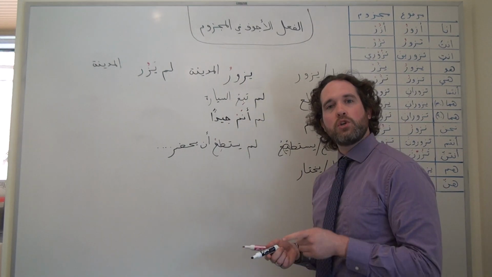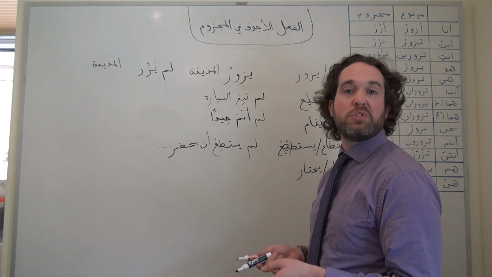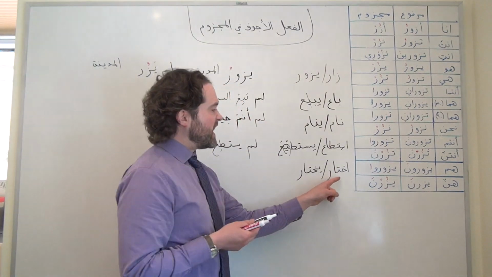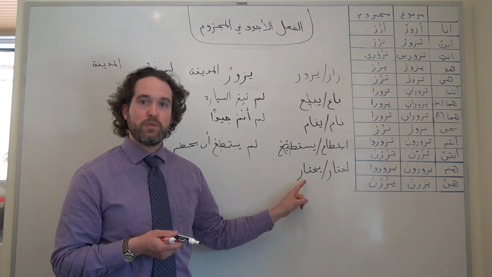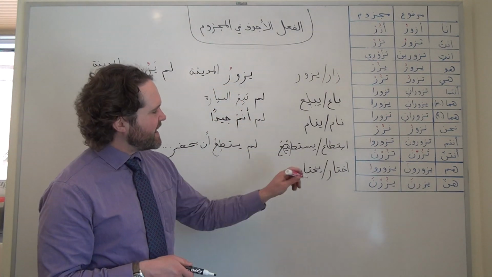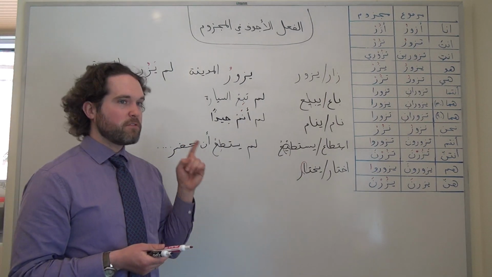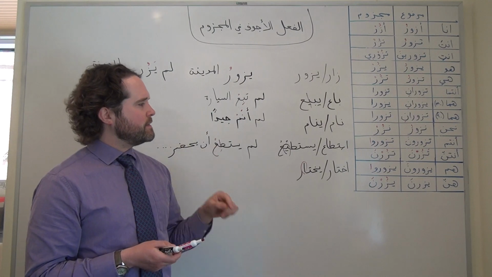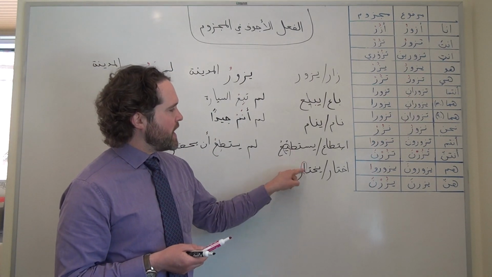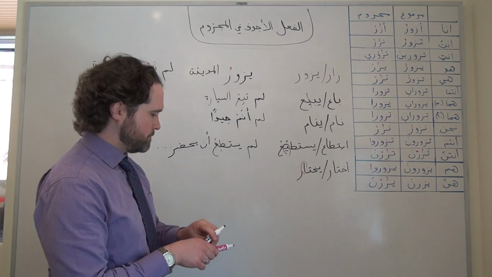Or if we wanted to say you, anta, didn't choose an apartment yet, here we have ikhtar, yakhtar, this verb for choosing, and we retain that alif in the present tense conjugation in marfu'a, but in majzoom, for certain conjugations, like anta, I would need to turn that alif into a short vowel.